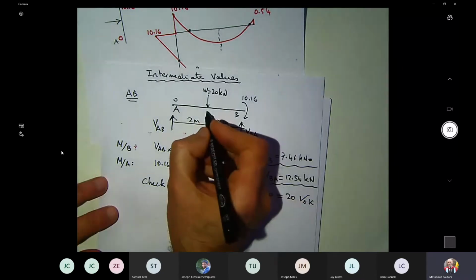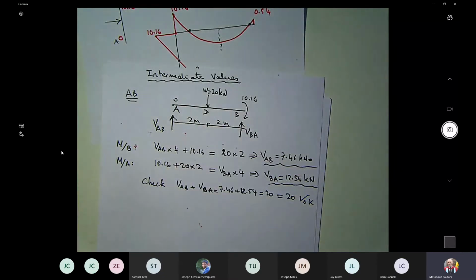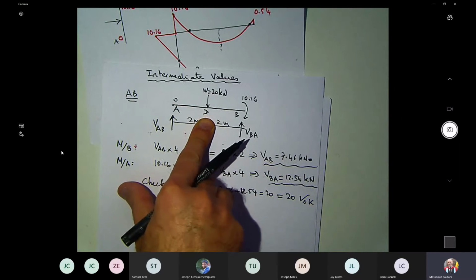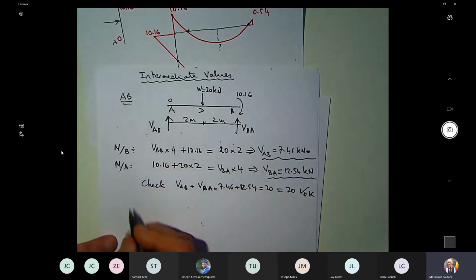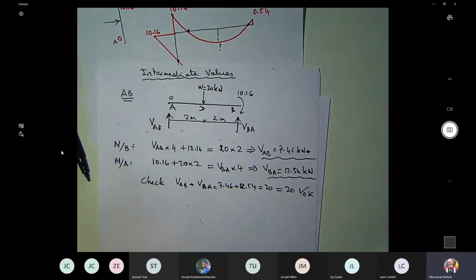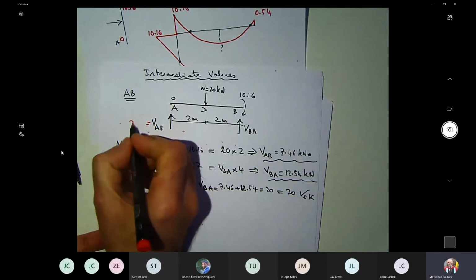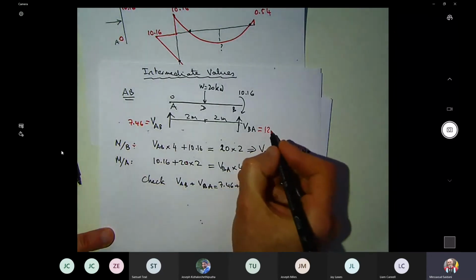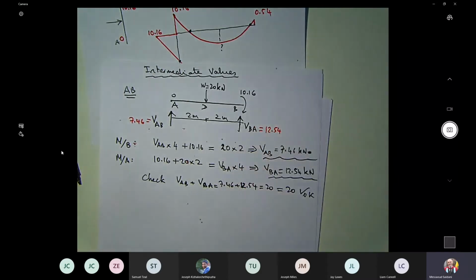Let's call this point here in the middle point D, as before. And this is VAB 7.46, VBA is 12.54. So I know the reactions now.